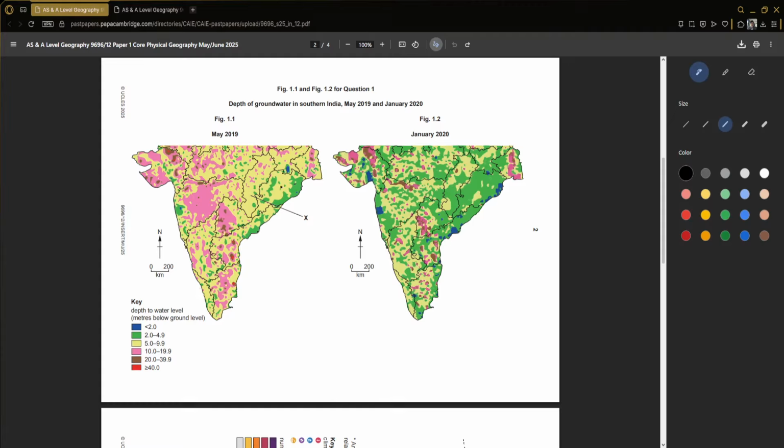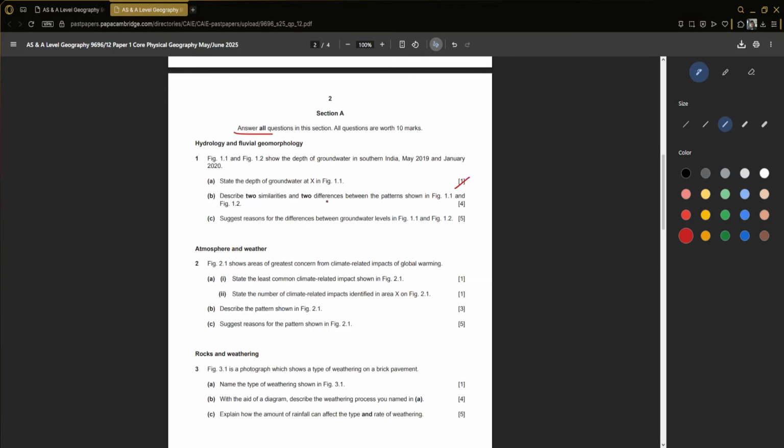Another difference you can spot is perhaps the red areas. In May 2019 there are some spots here, here, here and here, whereas in January 2020 you don't see any red spots. So you can say that in May 2019, there are some spots with groundwater level even deeper than 40 meters, but in January 2020, there aren't. And that's 2 easy difference marks.